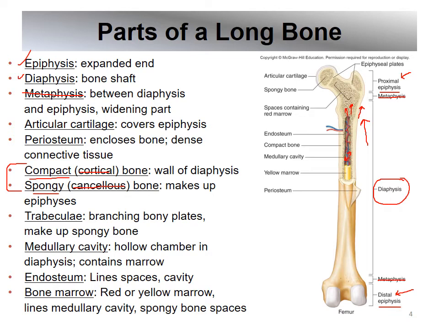So as we get to the epiphysis, again, we're going to have mostly spongy bone with a layer of compact bone around it. The areas where the joints are going to be, where the bone is going to actually articulate with something else, and the word articulation means a joint in the body, it's where two bones rub together.